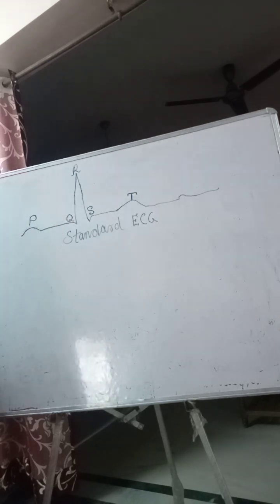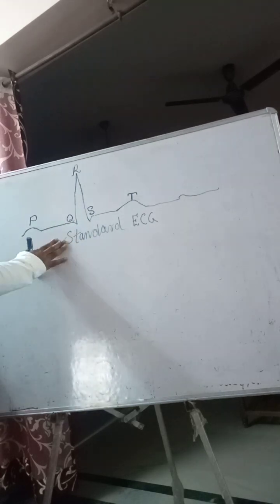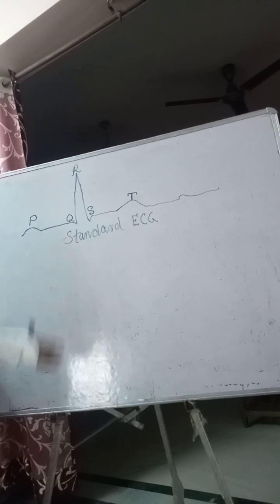This is seen and compared with the ECGs of different people in the same lead configuration, and if there is any deviation, that means there is an abnormality or a disease in the person's heart. Accordingly, that condition can be treated, and that is why this electrocardiograph is clinically very, very significant.